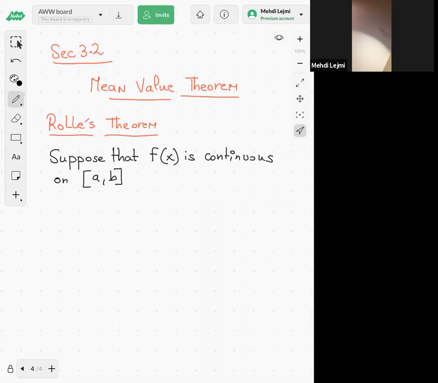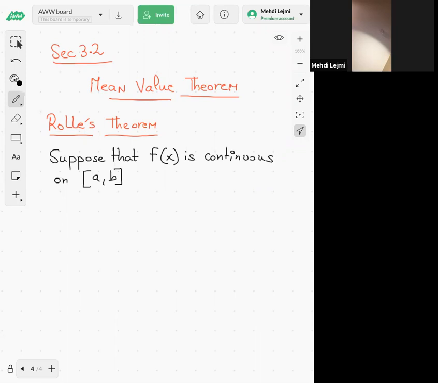We said if you have a function which is continuous on a closed interval, then f has an absolute maximum and absolute minimum. And so if f has an absolute maximum or absolute minimum, then the derivative is going to be 0 at the absolute minimum or the absolute maximum.